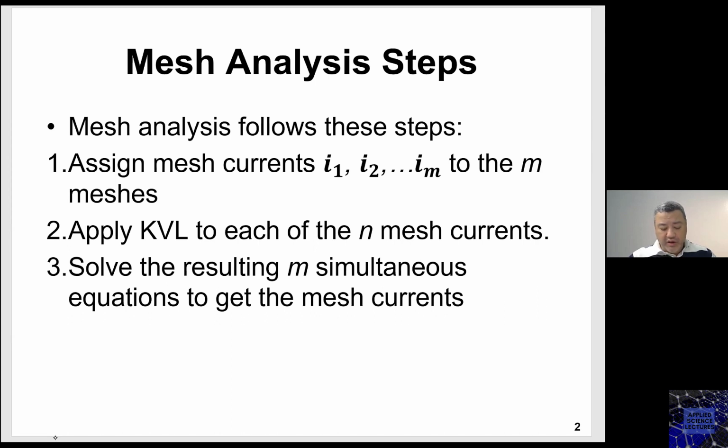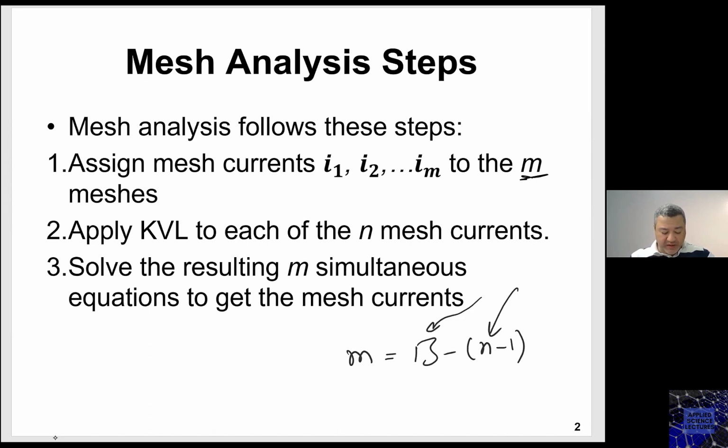If you recall, we said that the number of independent meshes is B minus N plus 1, and here I'm talking about a circuit that does not have current sources. N is the number of nodes and B is the number of branches.